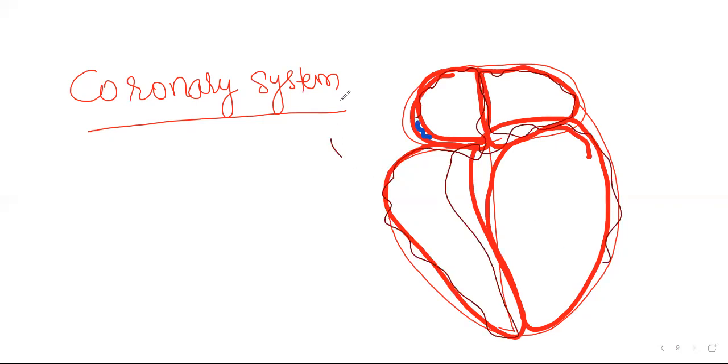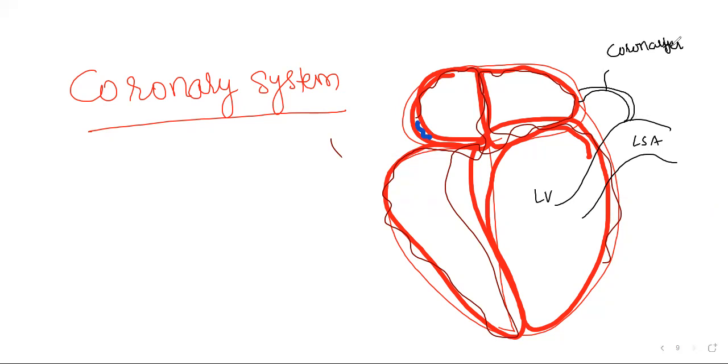So that is the basic thing you have to remember here. We know that the left ventricle is responsible for supplying blood all over the body, with the help of the left systemic aorta. In the same way, it has a branch to the heart itself. We call that the coronary artery.